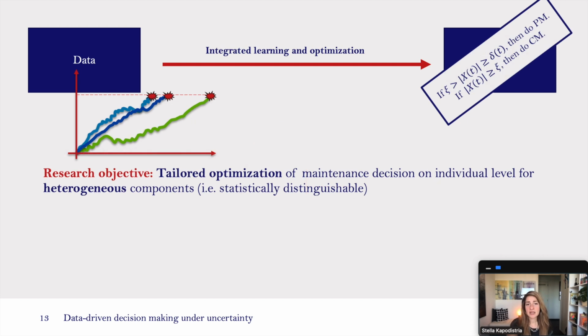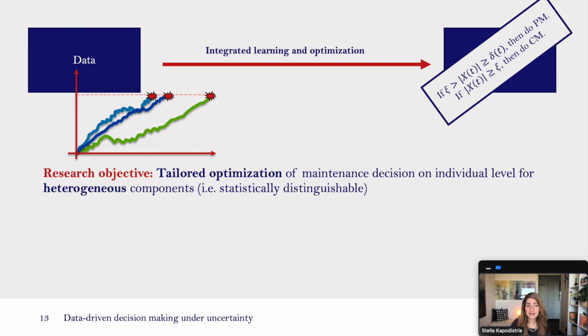We would like to make this tailored optimization for the objective of maintenance decision making on an individual level for heterogeneous components, and the rule that we will have at the end is that once the absolute value of those residuals exceeds a certain threshold, which we are to learn, and here this threshold depends on time, those were the lines that were going downward, then we need to do preventive maintenance.